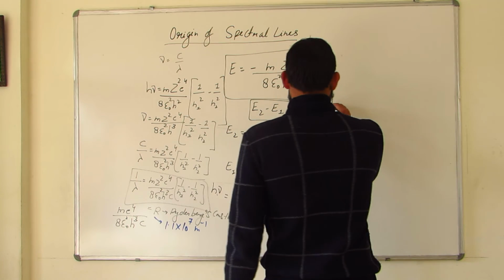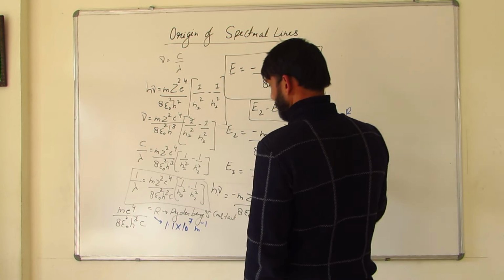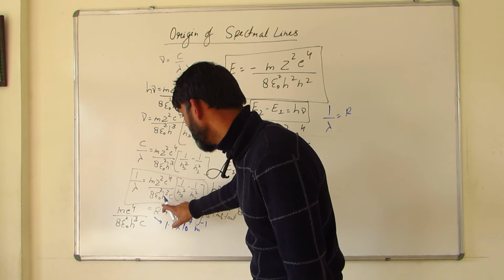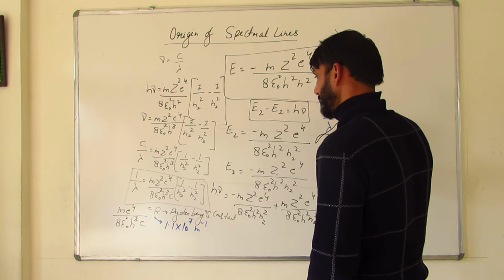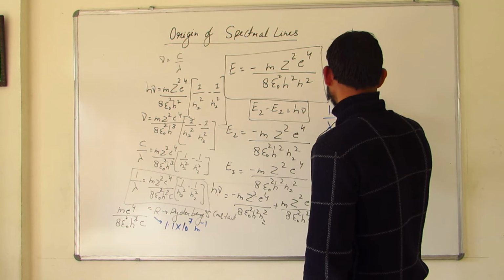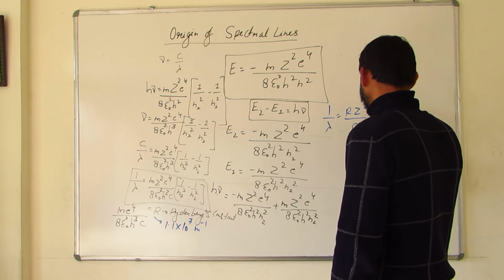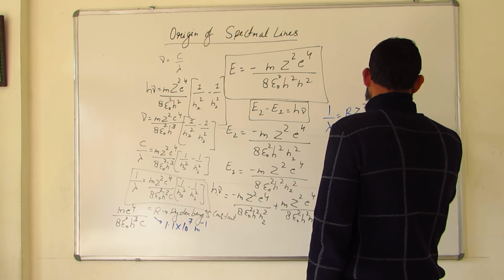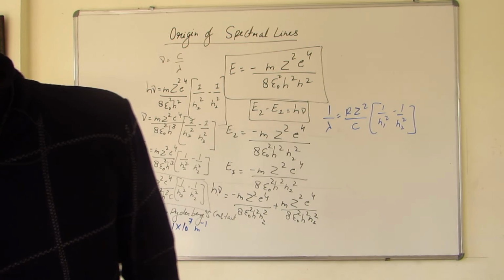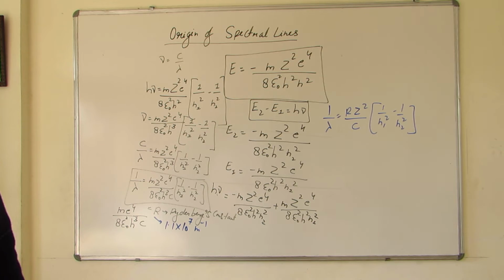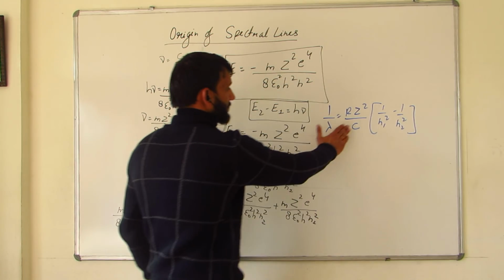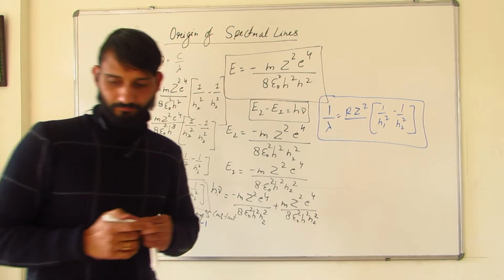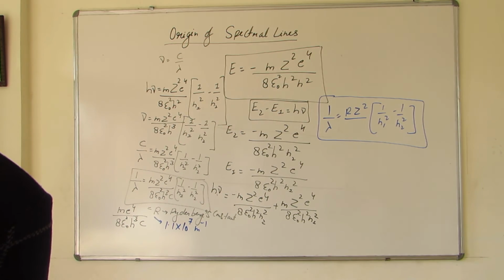Now, if I write the equation, 1 by lambda is equal to R, and here Z square is left, so R Z square upon c. Okay, I have taken c, so this is the expression, right?